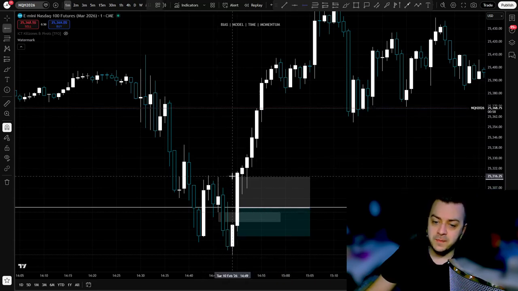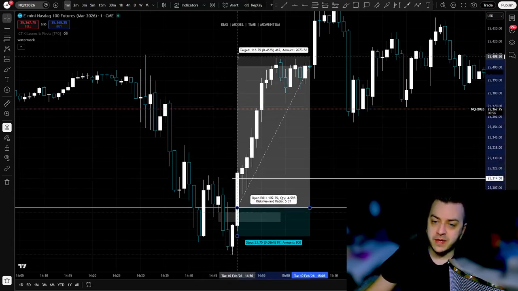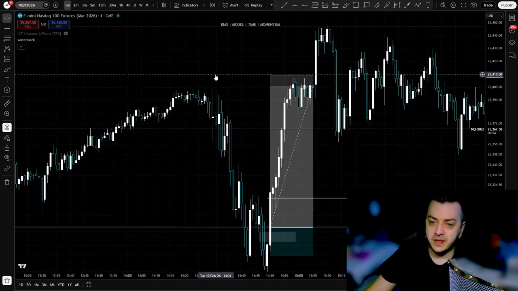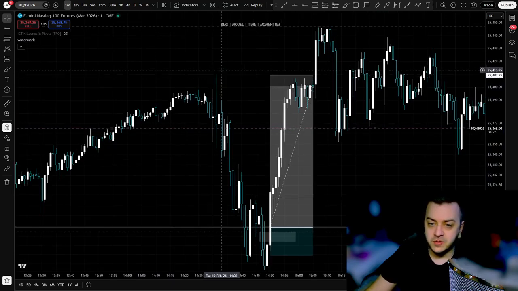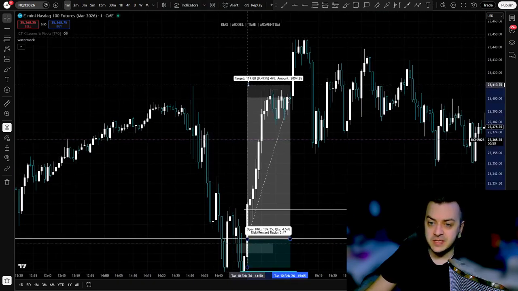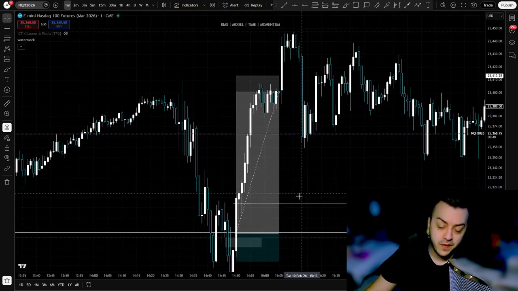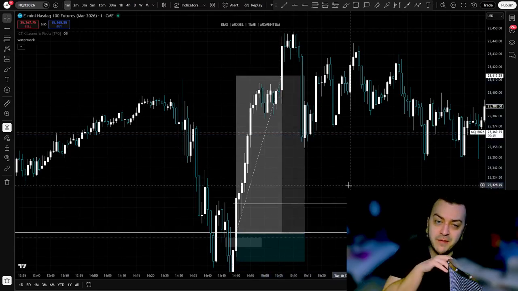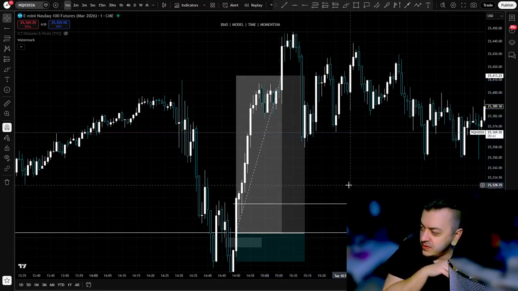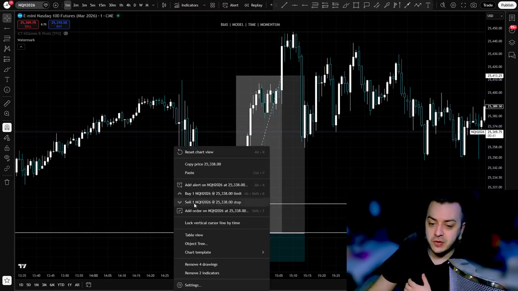Hit the 1-for-1 here, took half off, went break even, and then just held for basically the 9 AM high, which is a really obvious area to target. You can see that would have worked perfectly for 5-to-1. So I made about, what was it, $500-ish on this trade after losing 200 on the first.